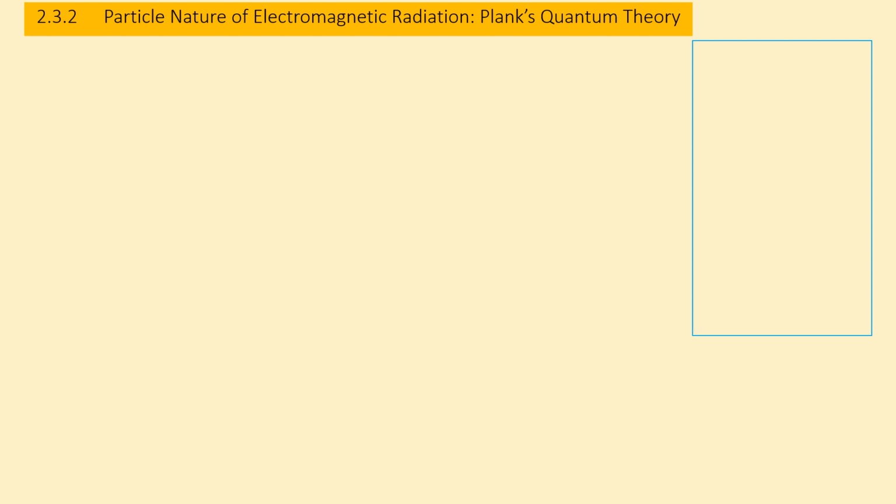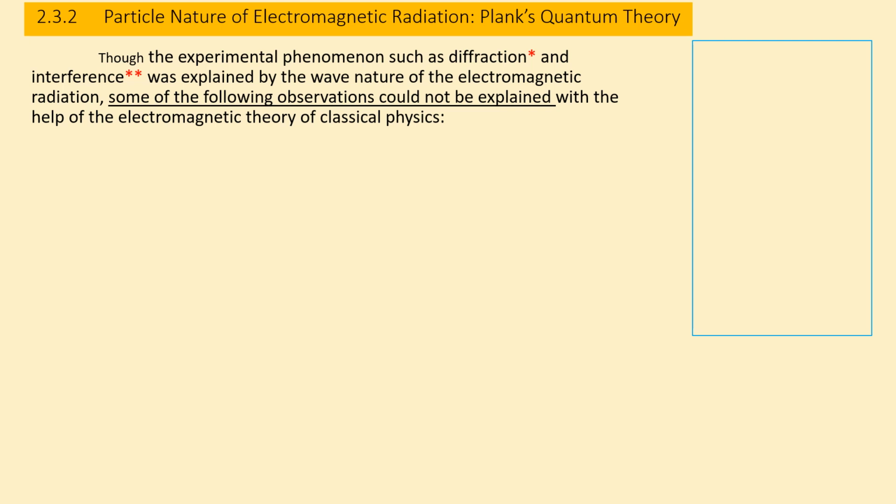Particle nature of electromagnetic radiation. Though experimental phenomena such as diffraction and interference were explained by the wave nature of electromagnetic radiation, some of the following observations could not be explained with the help of the electromagnetic theory of classical physics.